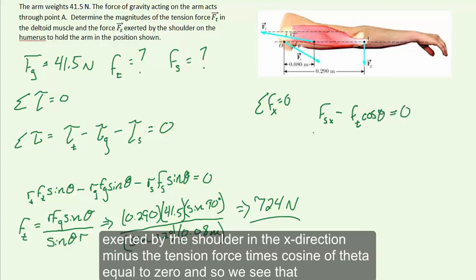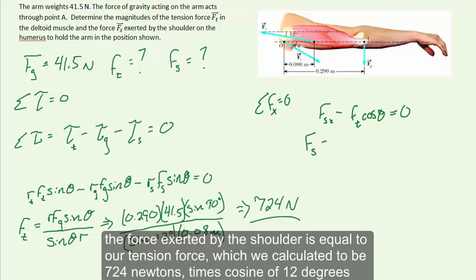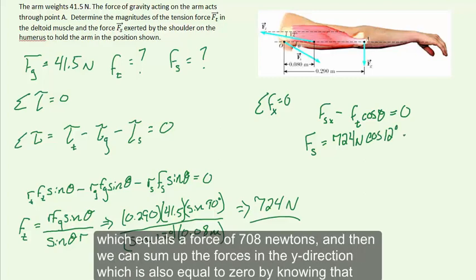And so we see that the force exerted by the shoulder is equal to our tension force, which we calculated to be 724 newtons, times cosine of 12 degrees, which equals a force of 708 newtons.